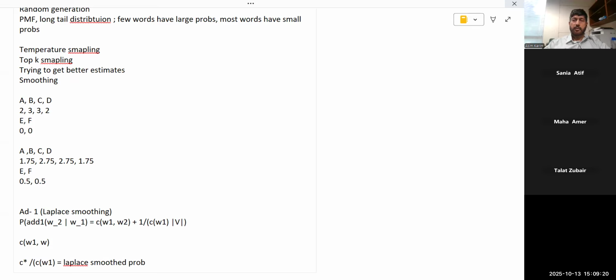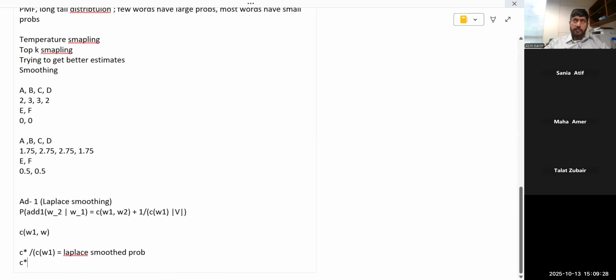So we can find C star by simply multiplying the Laplace smooth probability by the C of W1.